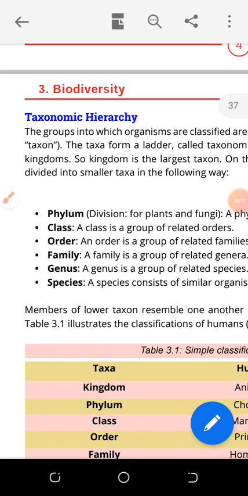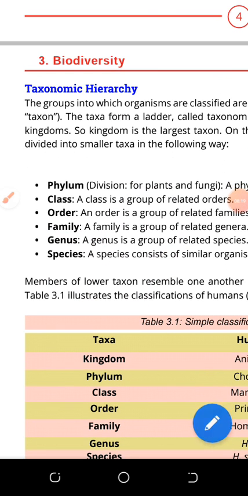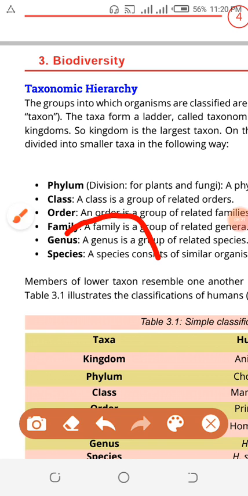So these will be the 2 names. Homo sapiens is the name of the human being: Homo, genus; sapiens, species. So 2 names will be given importance. That's why I was giving importance to the species.